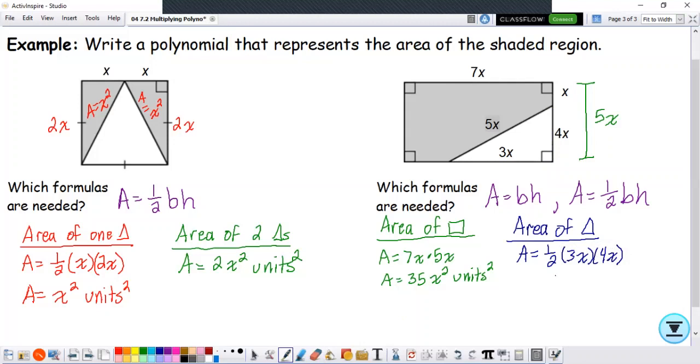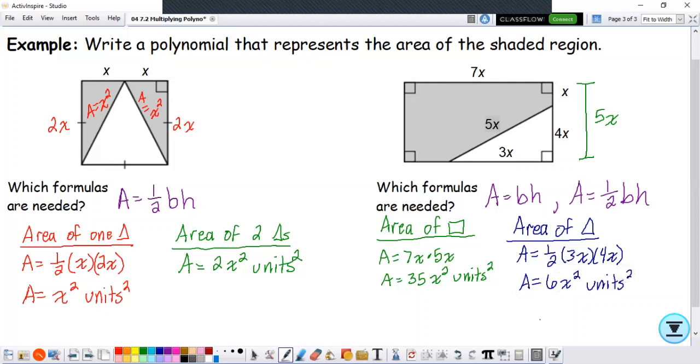Multiplication is commutative, so I can go ahead and take 1/2 times 4 before I multiply with the 3. 1/2 times 4 is 2, times 3 is 6. X times x is x squared. So the area of that triangle is 6x squared square units.